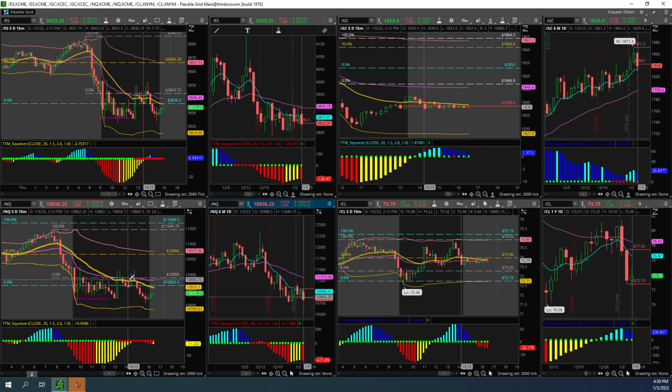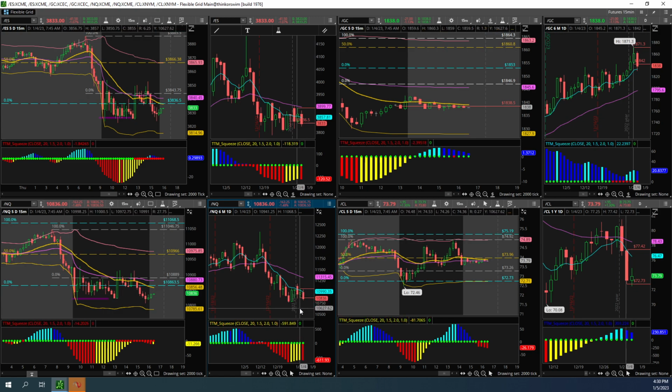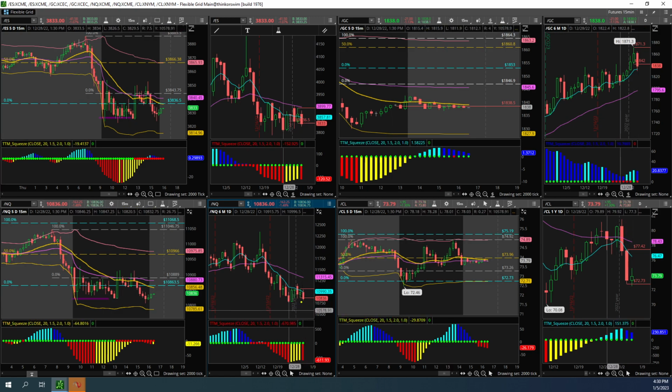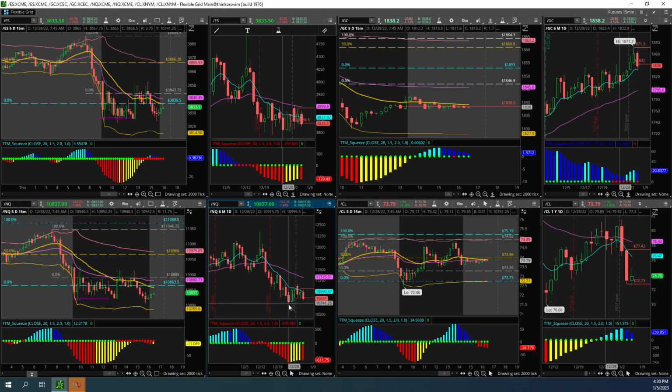It bounced out of the support, came back down, tried to break it, and then bounced up again. But in general, it was a range day. Again, this is a doji. It tried to break down on the dailies, and it did. So we'll see what is going to happen tomorrow on that candle, if it's going to be a continuation. There is some support right here.